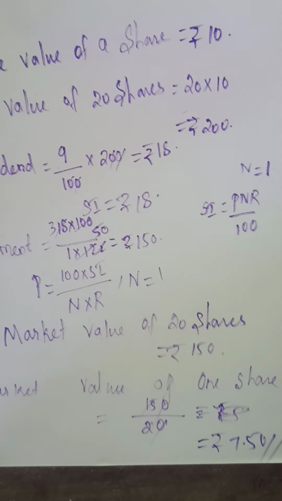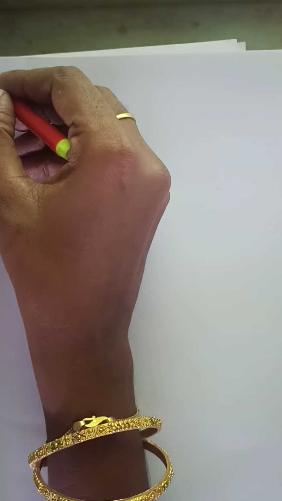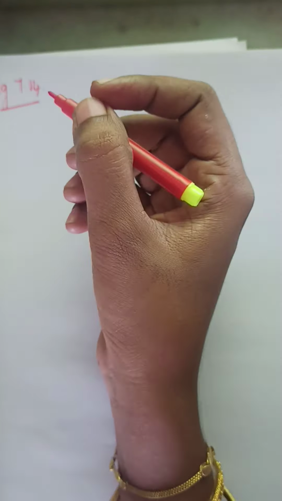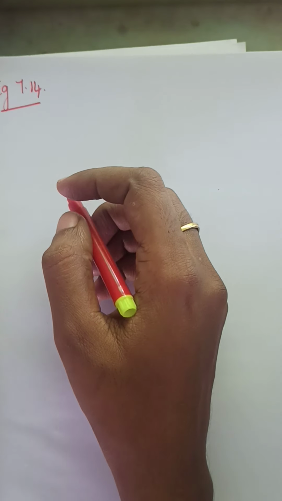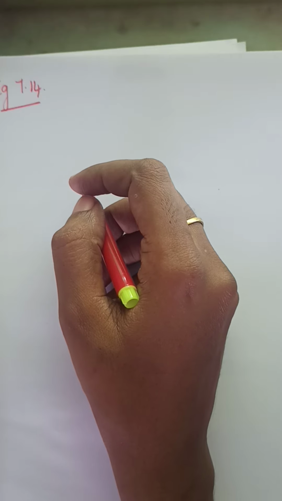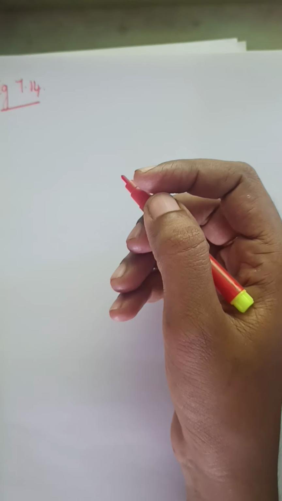Example 7.14. Read the question from your book. If the dividend received from 10% of rupees 25 shares is 2000, find the number of shares.